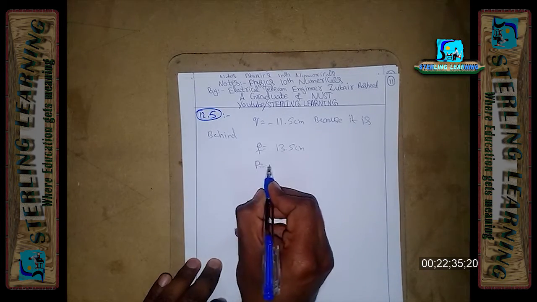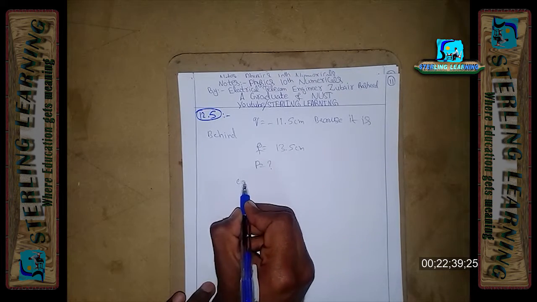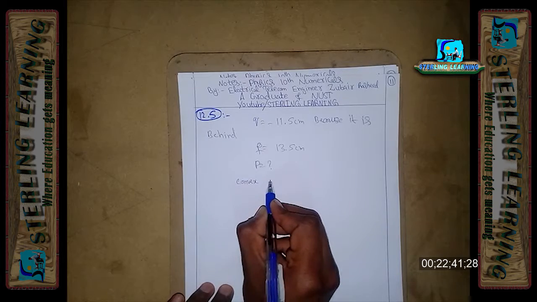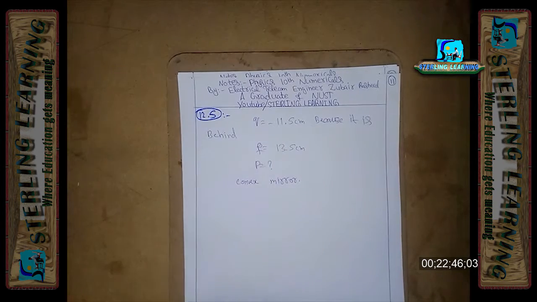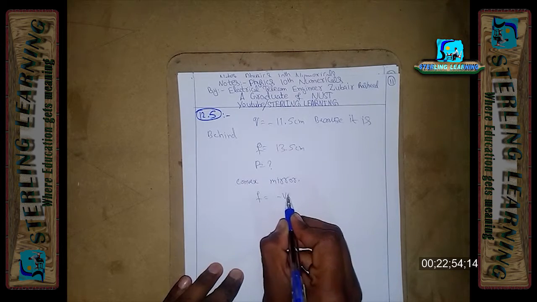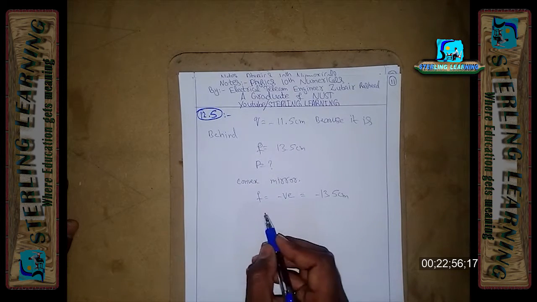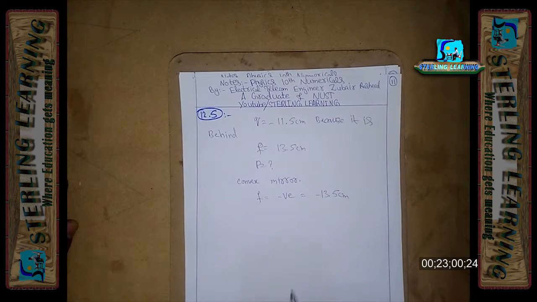It's asking about P. It's a convex mirror, and we know that a convex mirror has F as negative, so we have minus 13.5.